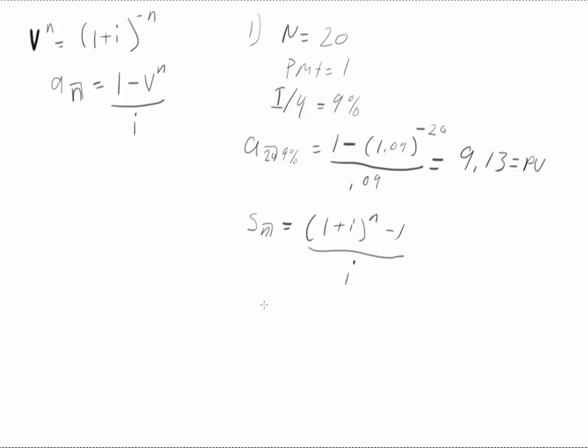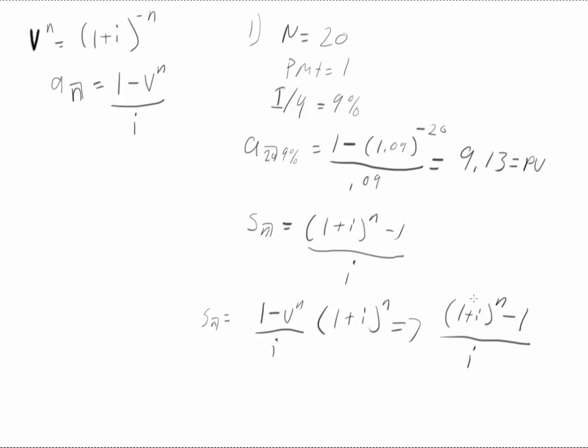We look at our annuity definition, (1 minus V to the n) over i. We'll make it equal to S sub n by accumulating (1 plus i) to the n, which we will get ((1 plus i) to the n minus 1) over i. This looks quite familiar. We got our S sub n equal to each other by accumulating.